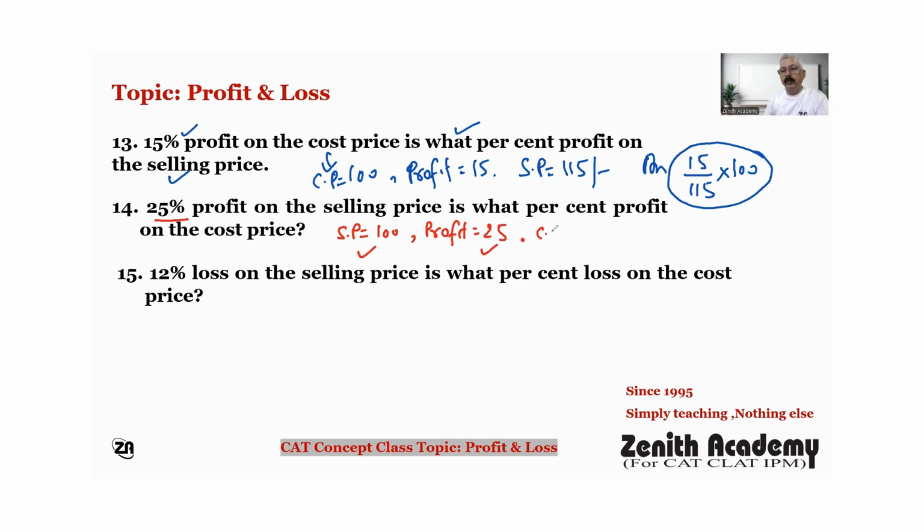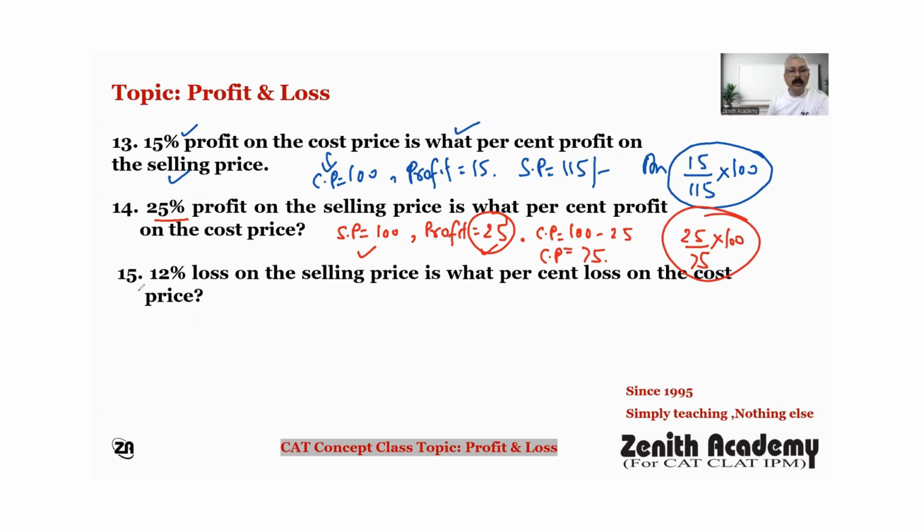So obviously cost price will be 100 minus 25, meaning 75. So now what percent profit on the cost price? Profit was how much? 25. On the cost price 75, so 25 upon 75 into 100. Okay.